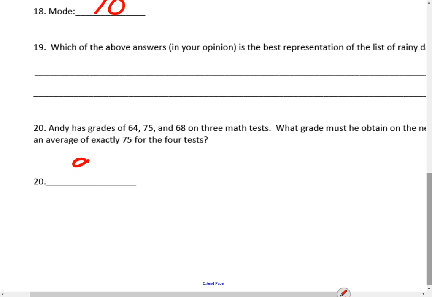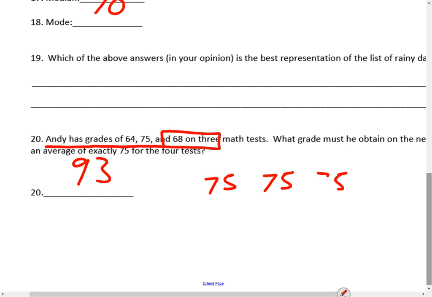Did everybody get 93 here? Yeah. What I do, before we move on from this, when I see this, an average of 75 for the 4 tests, in my mind I'm thinking this. I'm thinking about what would be the average of that.